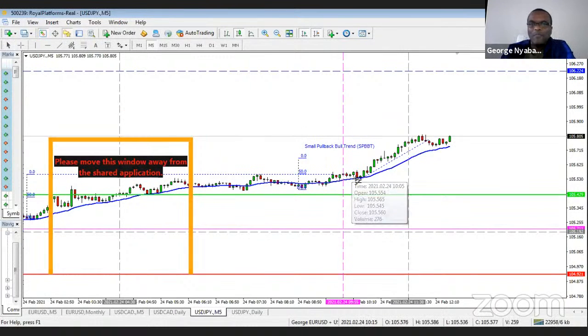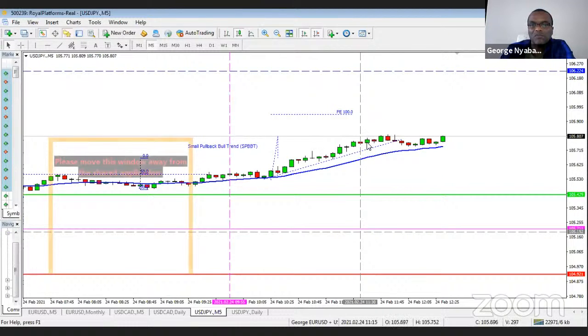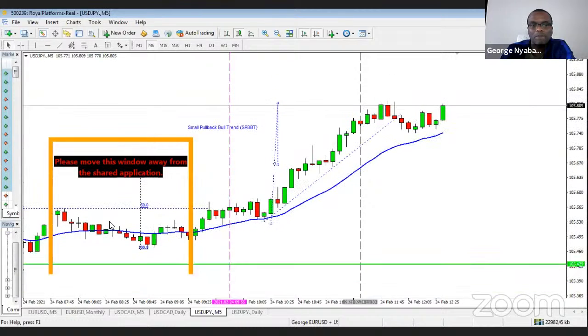And the way I want to mark it is, where did the leg one begin? So the leg one is beginning here, and where is the leg one ending? Just to expand that a little bit. Okay, so the leg one is ending somewhere within there.